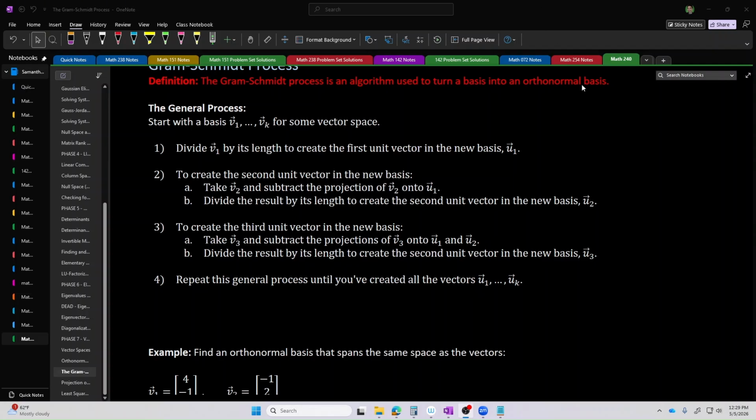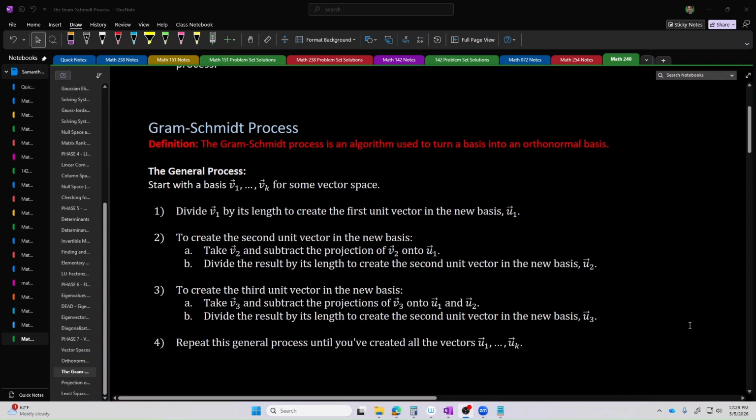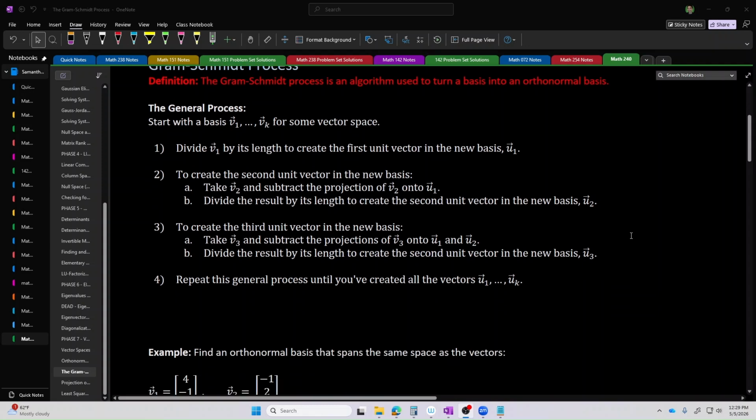Now that's an example of the process when your basis only has two vectors in it, but you can imagine how the process extends if your basis had 3 vectors in it, or 4, or 5 vectors in it that needed to be transformed into an orthonormal basis.